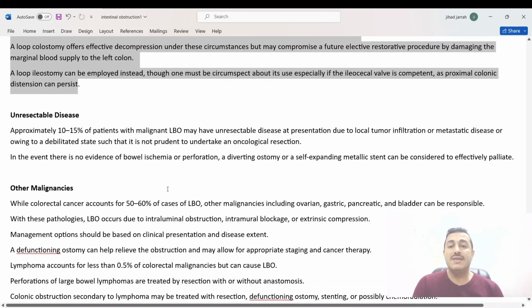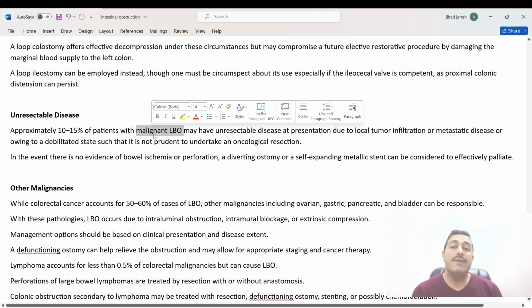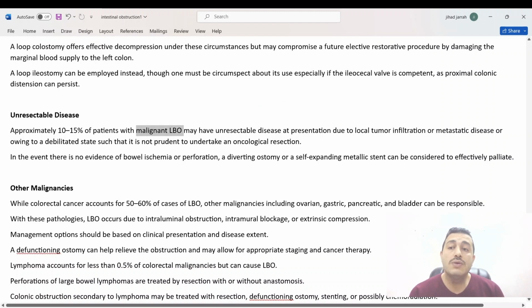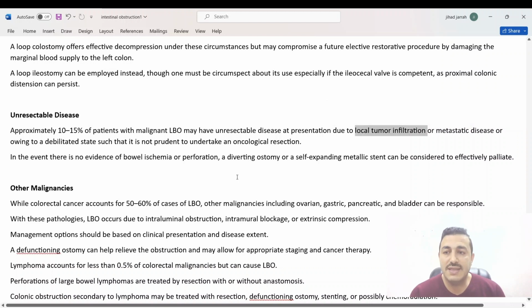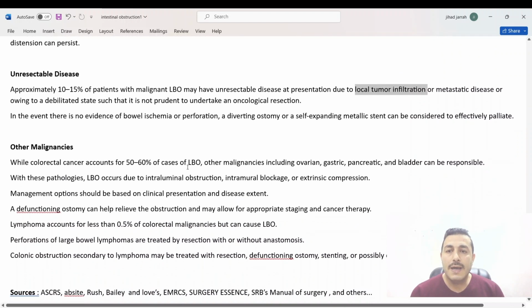Unresectable disease: we said of the malignant large bowel obstruction, about 10 to 15% are unresectable at the time of presentation due to tumor infiltration or metastatic disease. They are unresectable. Okay.